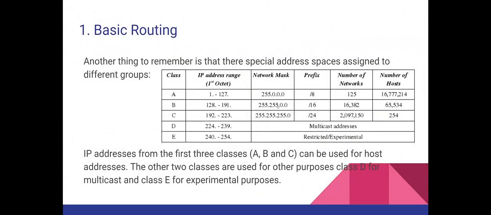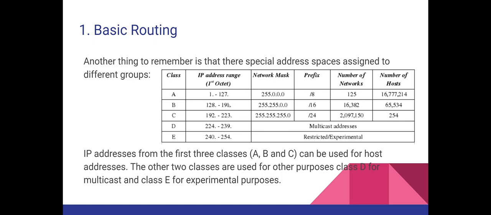Then we're going to talk about the different classes that are assigned. So we have class A, which you can see here, which is the 255.0.0.0/8. The number of networks 125, the number of hosts 16,700,214.